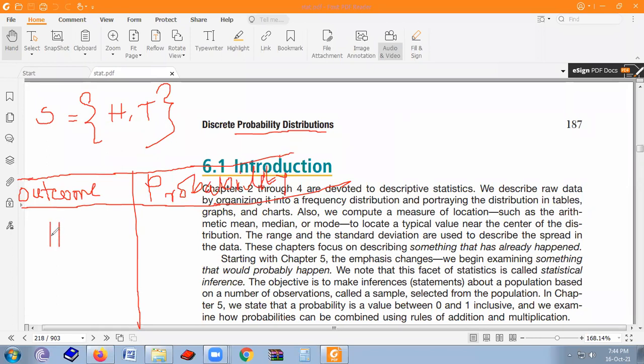What is the probability of head? It is 1/2, right? And similarly the outcome tail has probability 1/2.